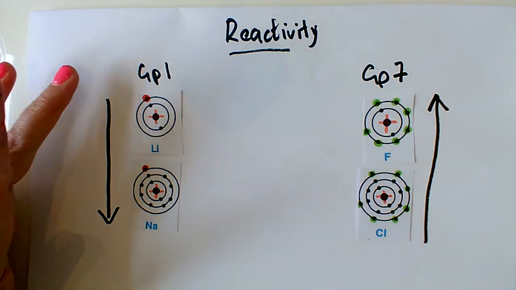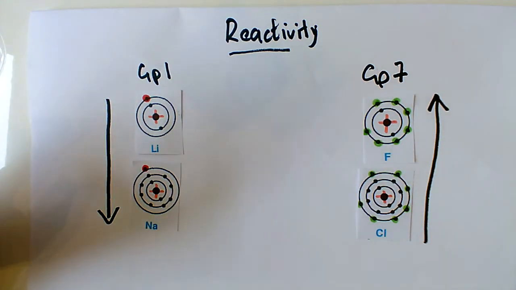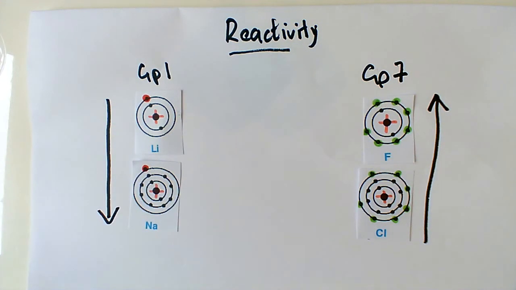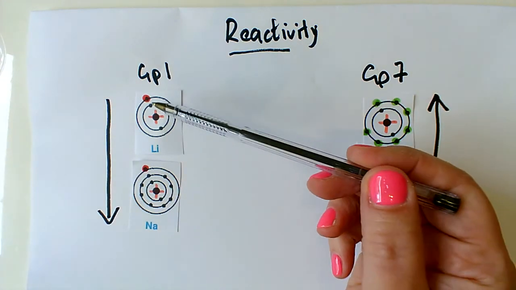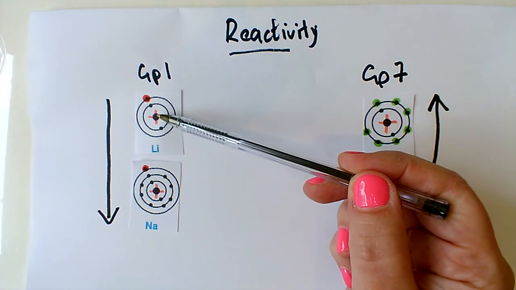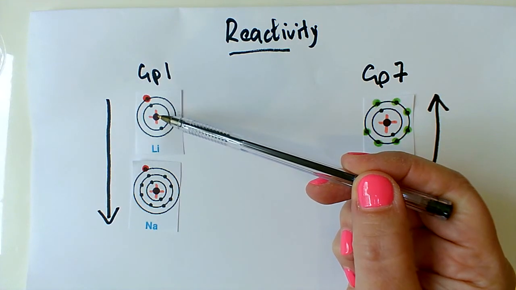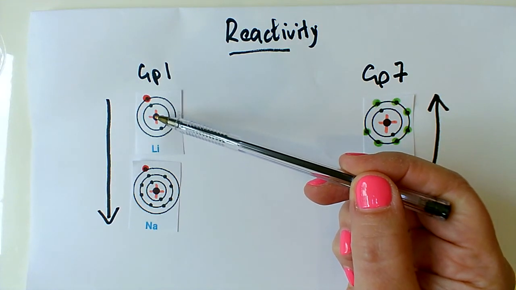So why do they get more reactive as you go down the group? That's because of the distance that the electron is away from the nucleus. So if we have a look at lithium, the negative electron is relatively close to the positive nucleus, which is attracting it.